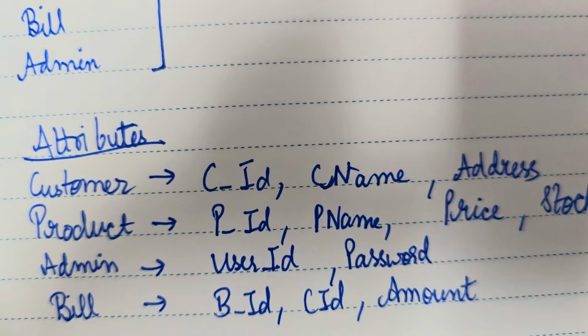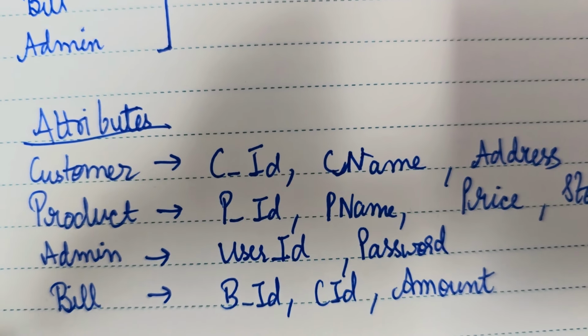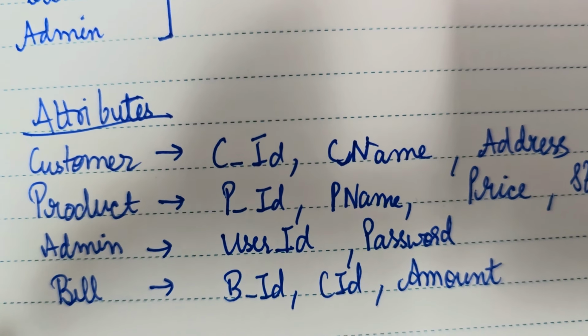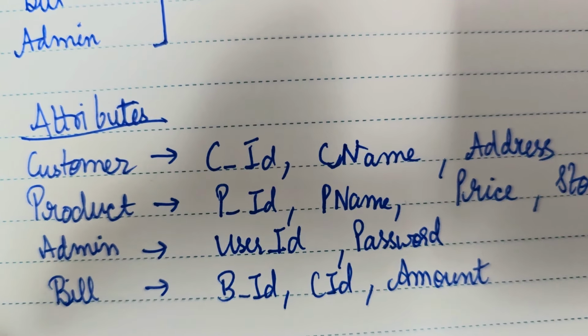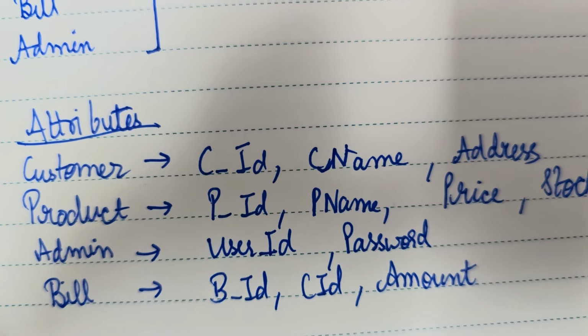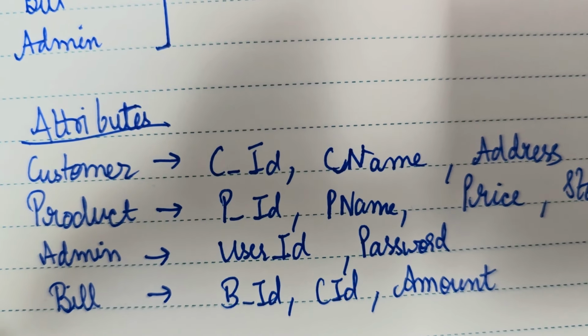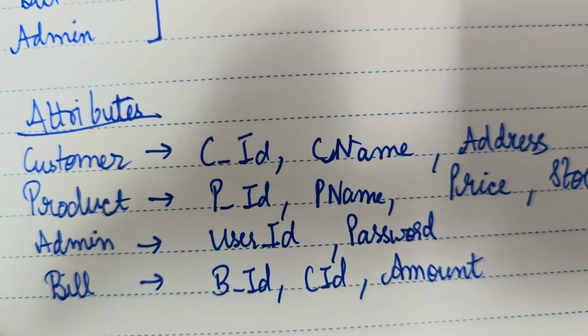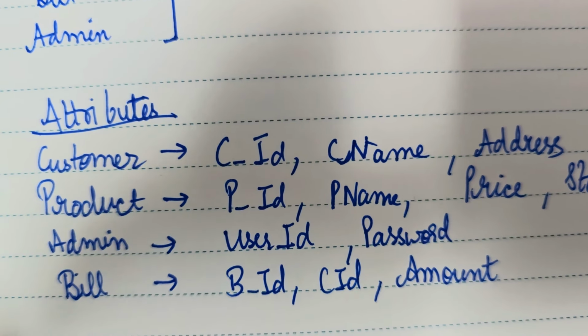So let's say CID is the primary key for customer, product ID, which is PID, is the primary key for product, user ID and password are the attributes of admin, and BID is bill ID, which is the primary key for bill.